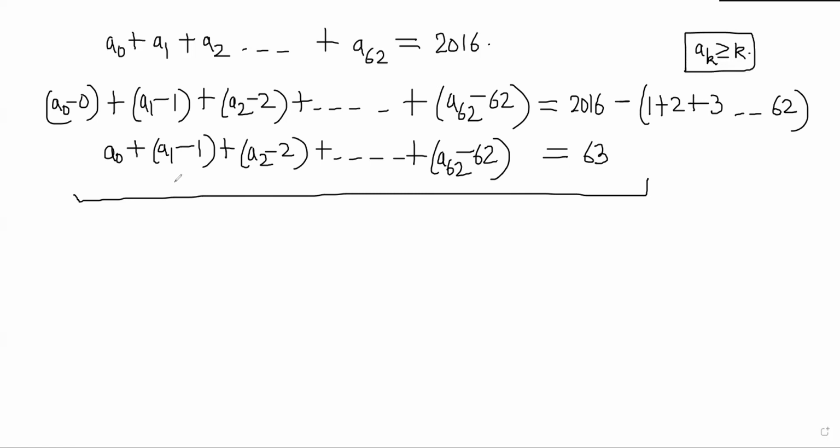Here you will see that these are 62 terms, right? And this is a term that is alone on its own. So what we will do is AM-GM on 2 at a time.